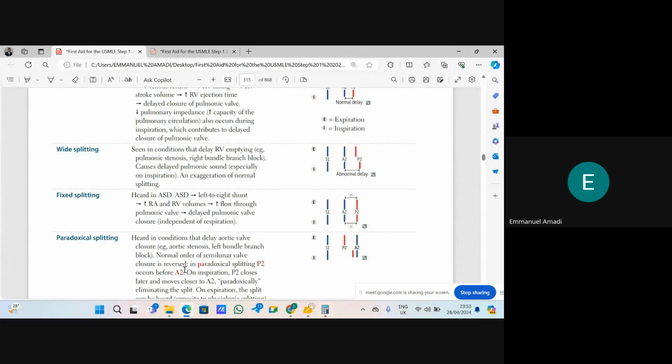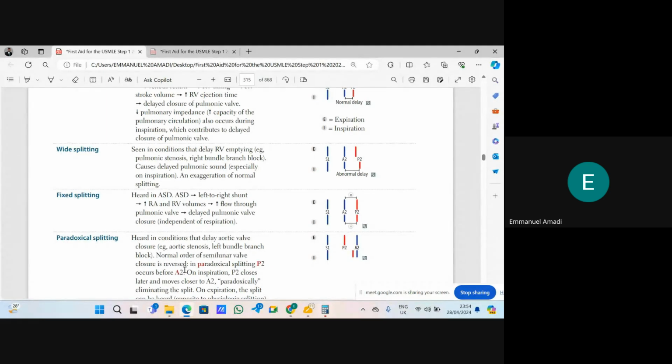By right, you're supposed to hear this splitting only when you breathe in, whether it is the wide splitting or whether it is the normal physiologic splitting. They usually happen on inspiration when you have more blood going to the right side. But when you talk about the fixed splitting, you keep hearing this particular heart sound under any condition. You just keep hearing it.